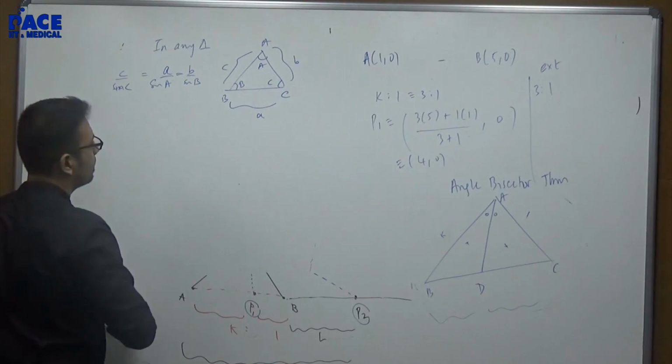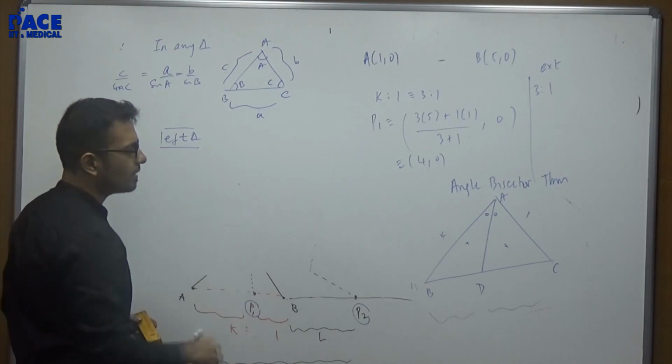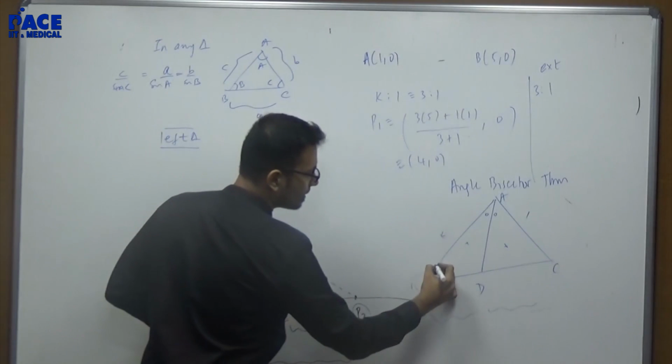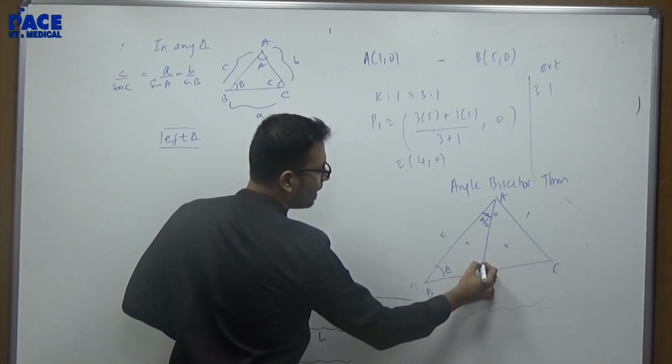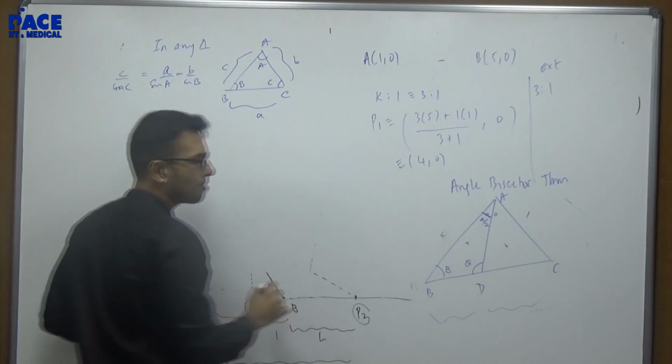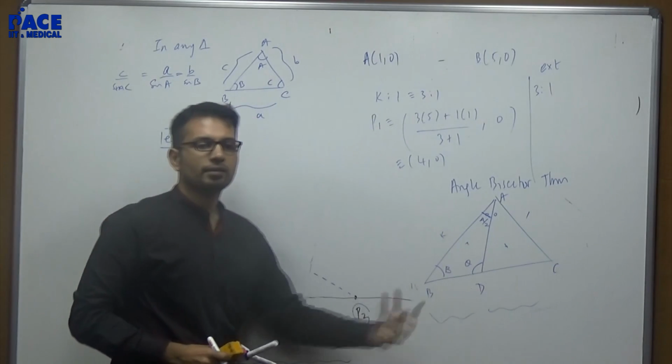So in the left triangle, let's apply the sine rule. See, this is angle B, this is angle A/2. Let's say this is theta. Now what do we do? We take this side BD.